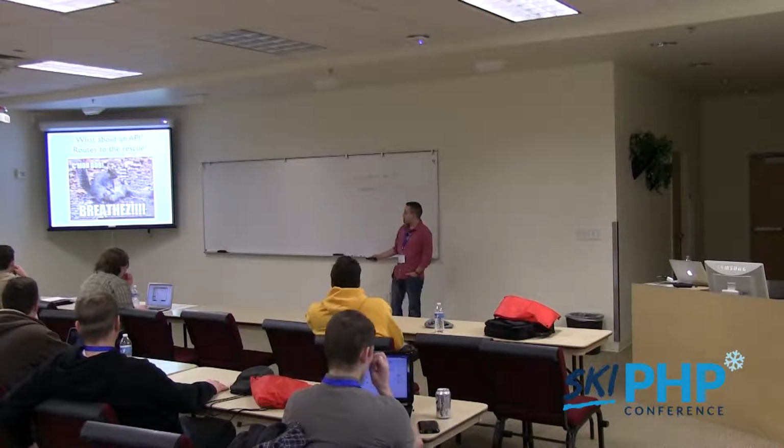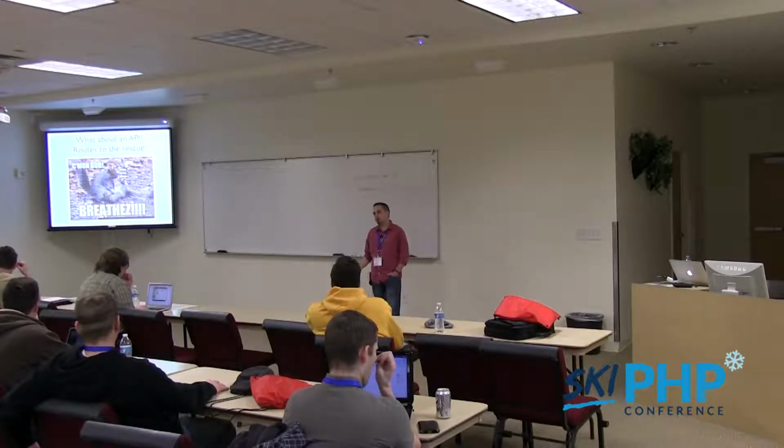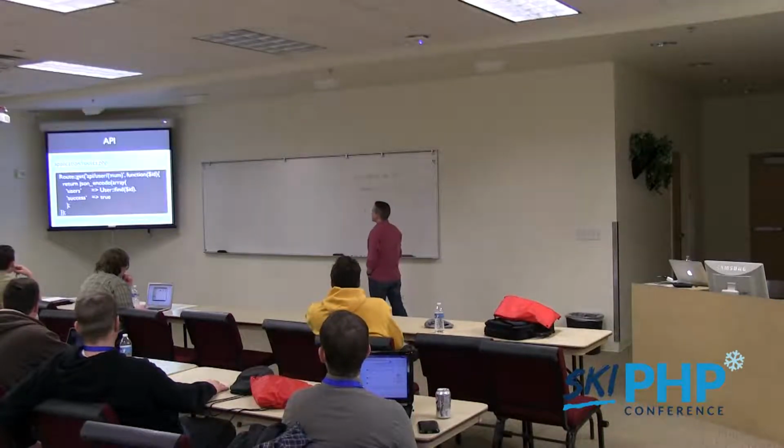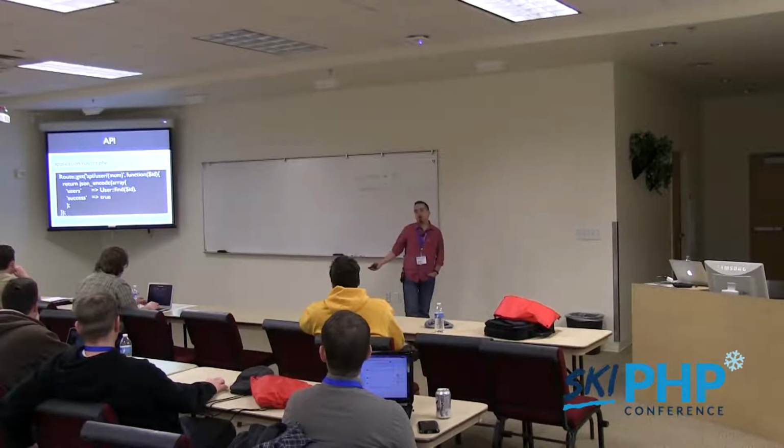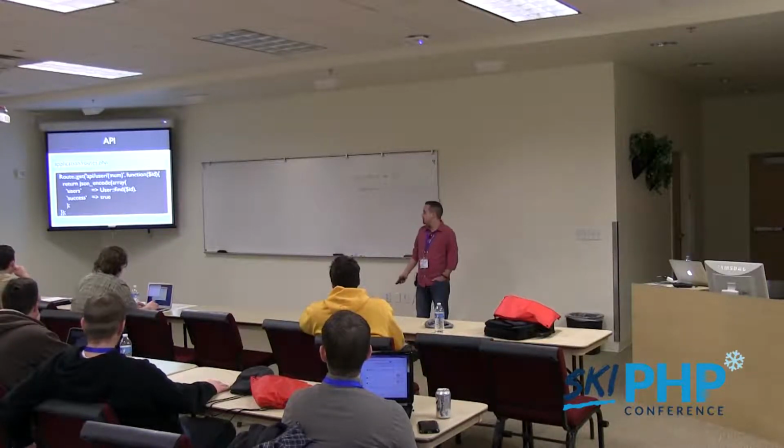All right, we're going to talk a little bit about building an API with Laravel, but it's going to be more of how we're handling the routes here. So this is what pulling a user would look like. We're just doing a GET request, API user, and then the ID. What we're returning back is just a JSON encoded array with the user, and we're using Eloquent to find that user.